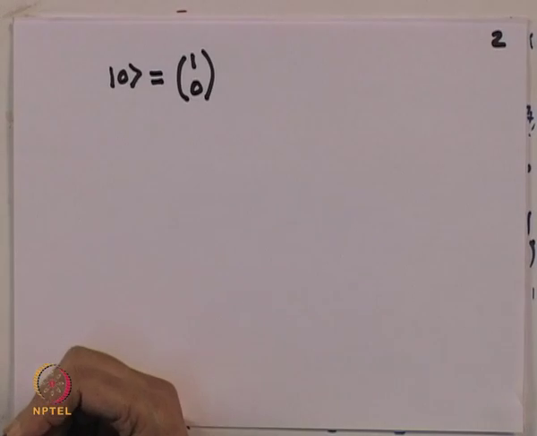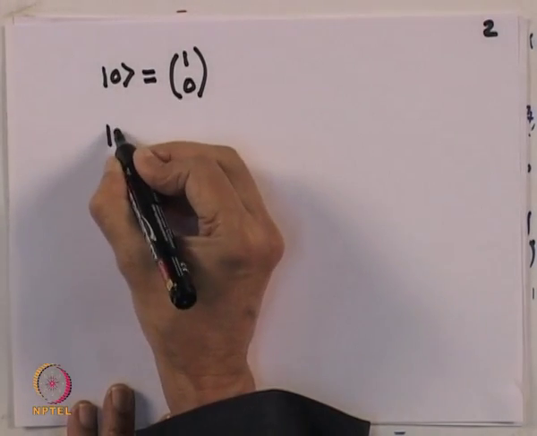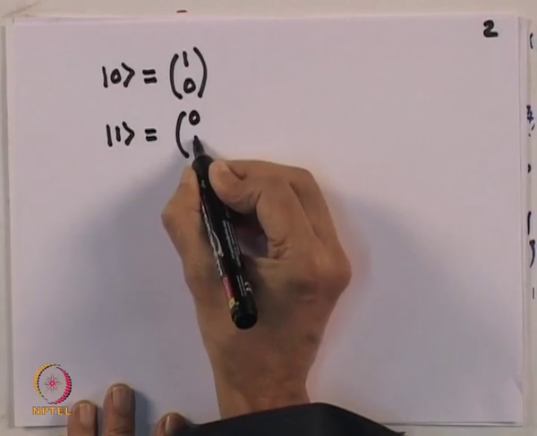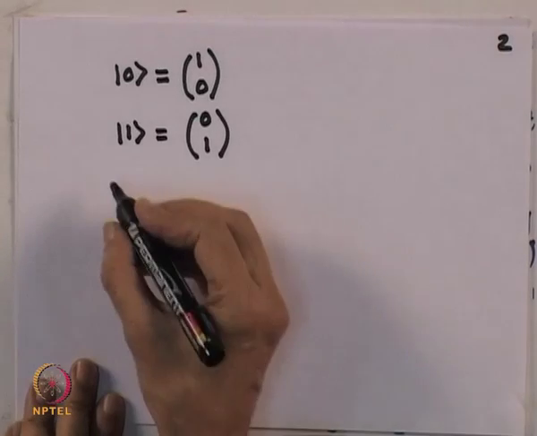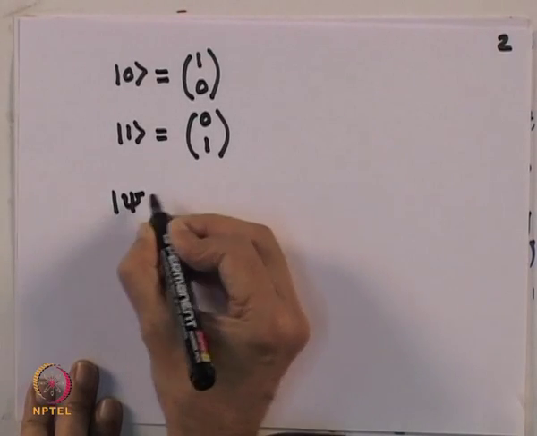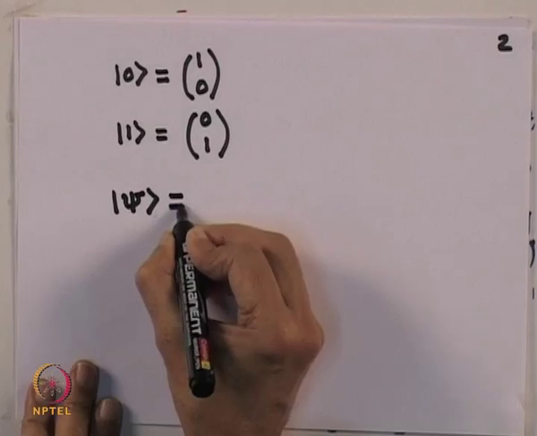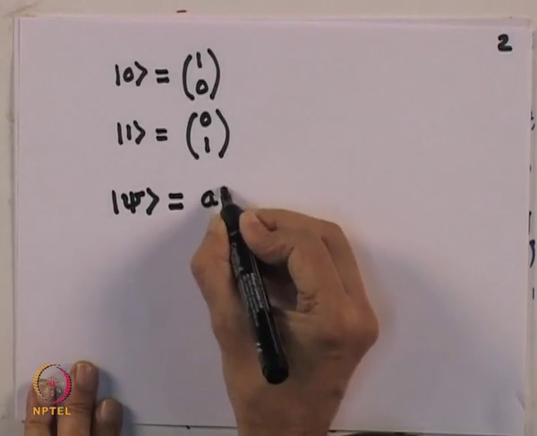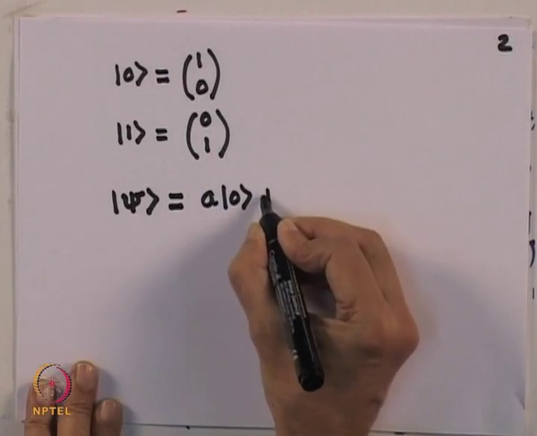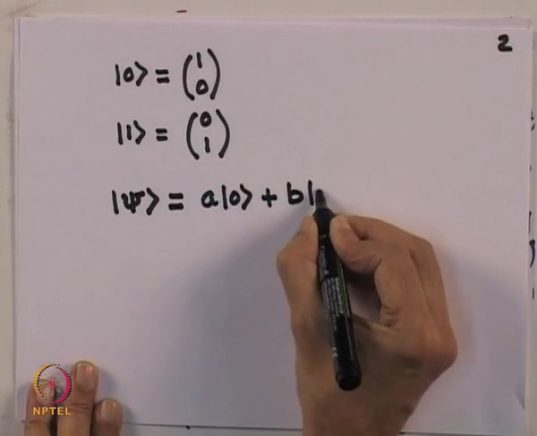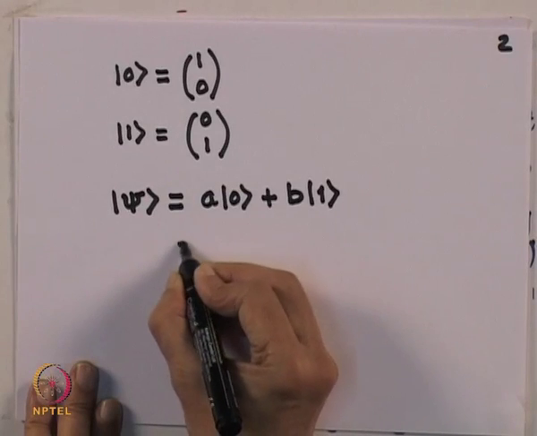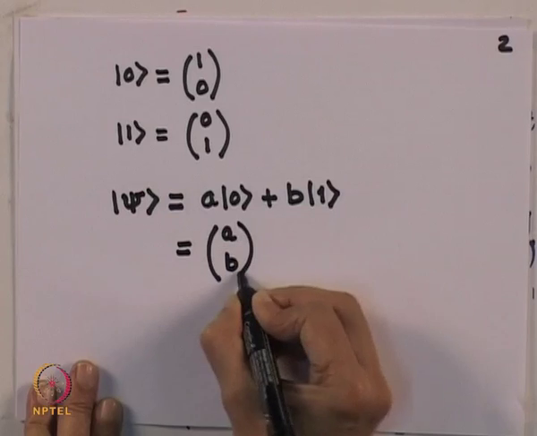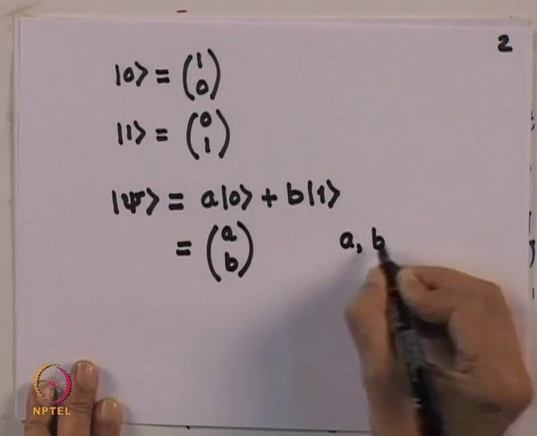You notice it's already normalized, and similarly the state 1 is given by the matrix representation (0, 1). So when I talk about a linear combination of this 0 and 1, for instance a times 0 plus b times 1, where a and b in general are complex, its matrix representation will be (a, b), with a and b complex.